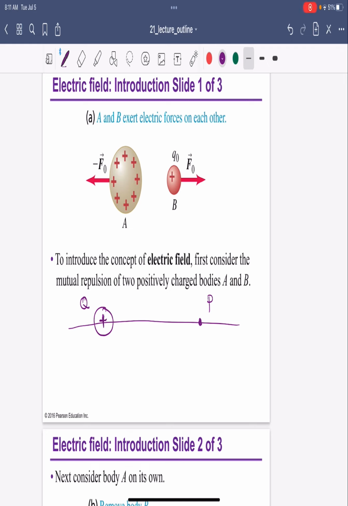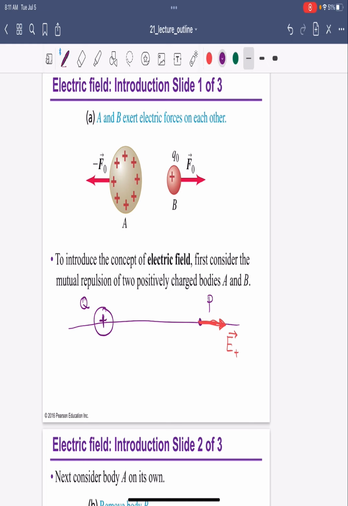Then I ask how that test charge is going to feel, and it is going to feel a repulsion force in this direction, and therefore I say this is the electric field felt by a test charge here.